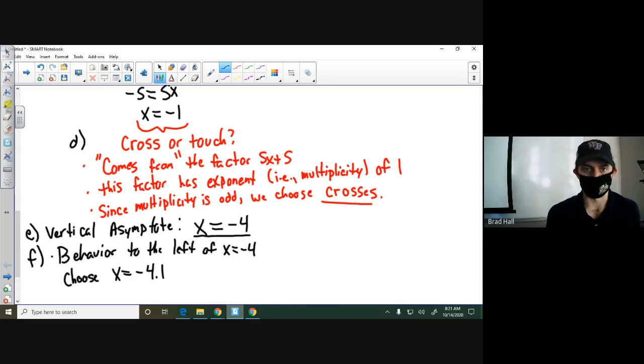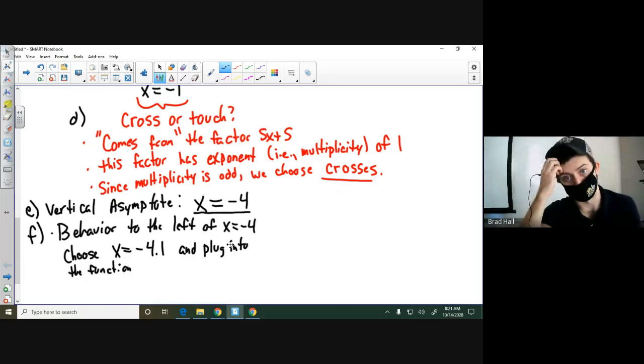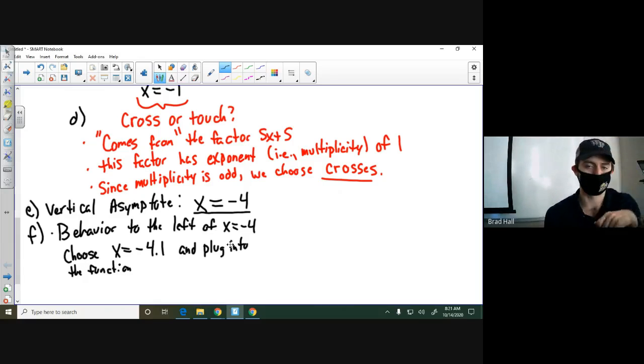We plug it into the function. The reason I'm choosing a number fairly close is because I want to see if this number gives us a really large positive value, or a really low negative value.